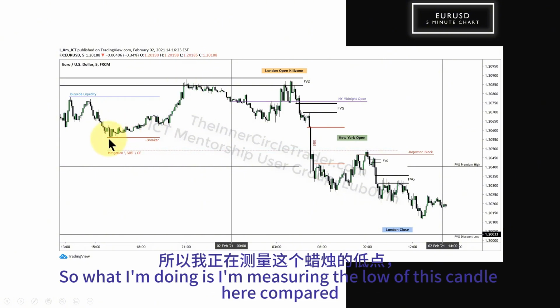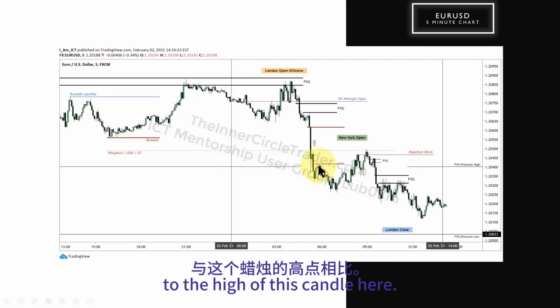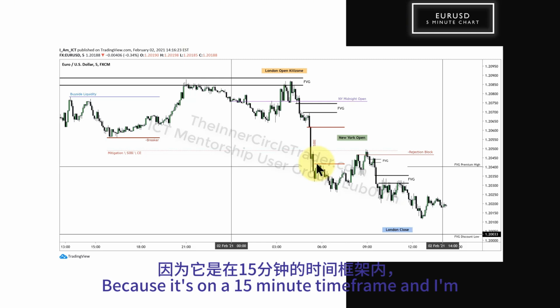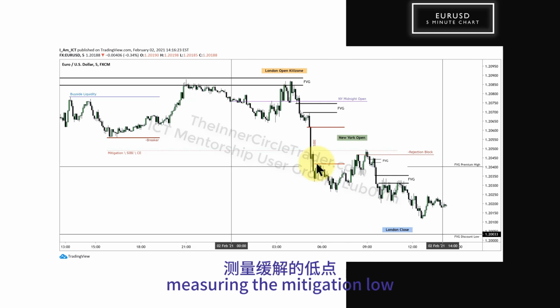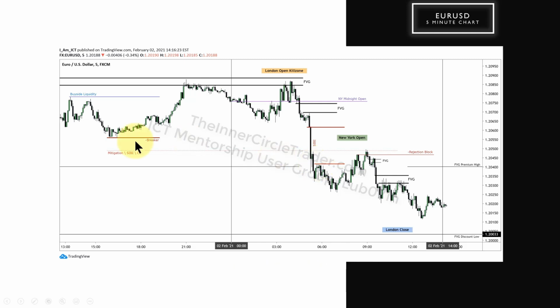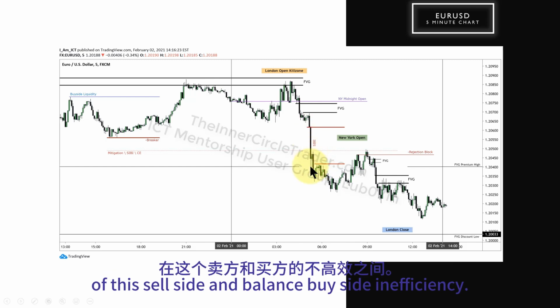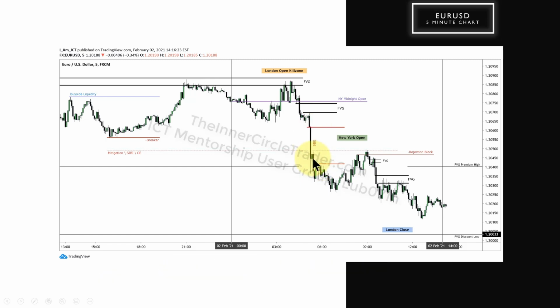So what I'm doing is measuring the low of this candle here compared to the high of this candle here. Why am I doing that? Because it's on a 15-minute time frame and I'm measuring the mitigation low and the fair value gap high on the 15-minute time frame that's inside of this sell side imbalance, buy side inefficiency.